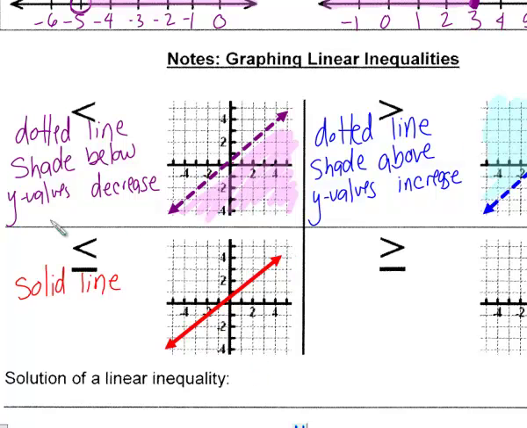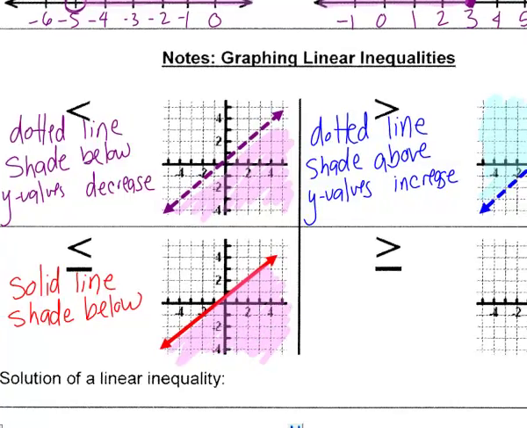Solid line, and we're going to shade below again. We're shading below because the y values get less than the line below it. Alright.